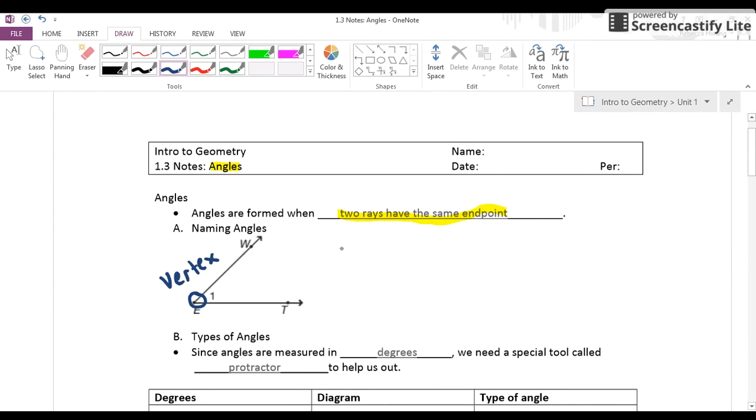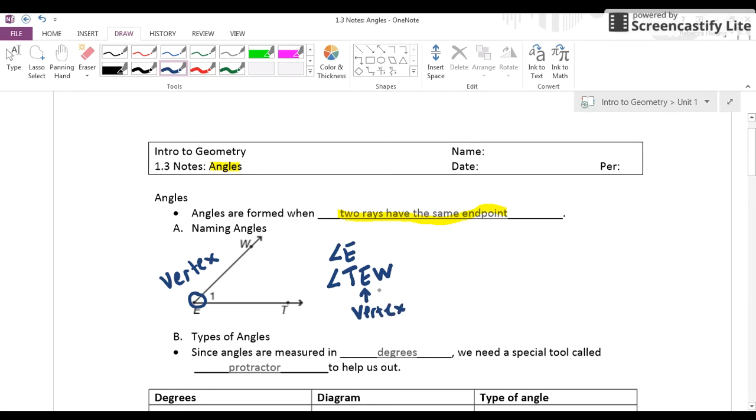So an angle can be named by its vertex, so angle E. We can also use 3 letters to name the angle. So we can also call this angle TEW, meaning we start at T, go round to E, and then go up through W. But see how that vertex is in the center.